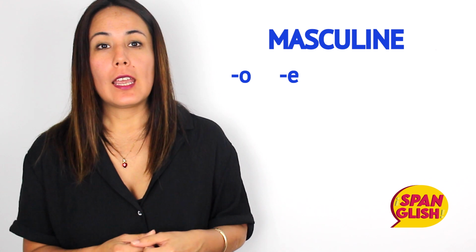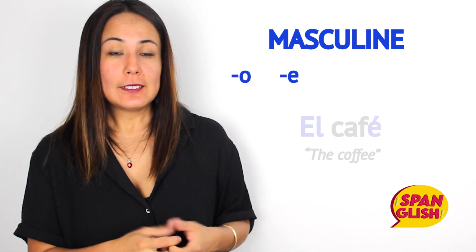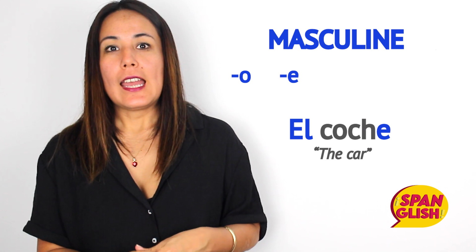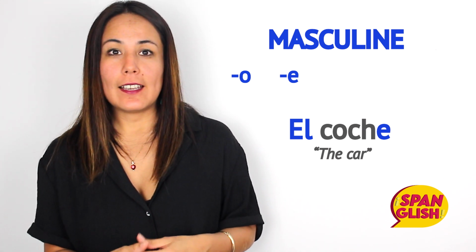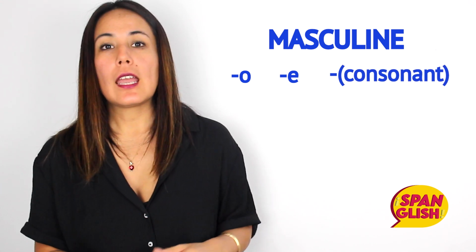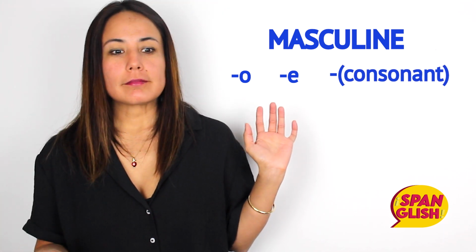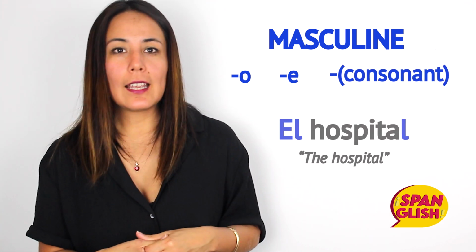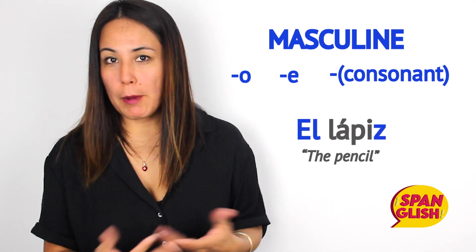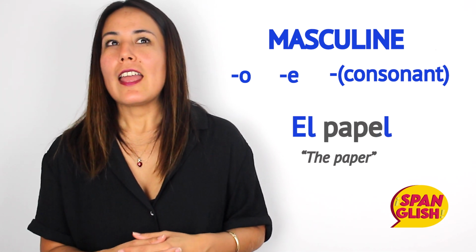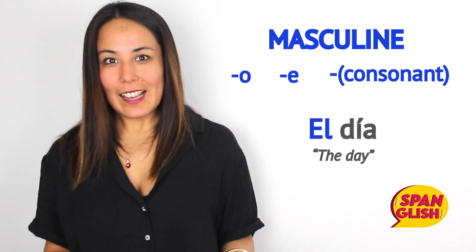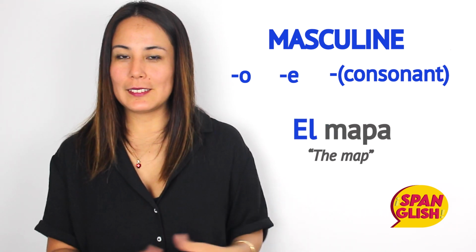For example, el café, el coche, and also they end with a consonant. For example, el hospital, el lápiz, el papel, okay? And there are also exceptions, for example, el día, el mapa.